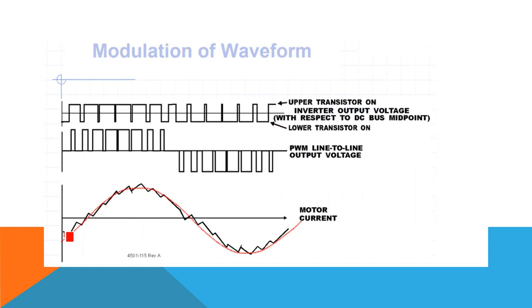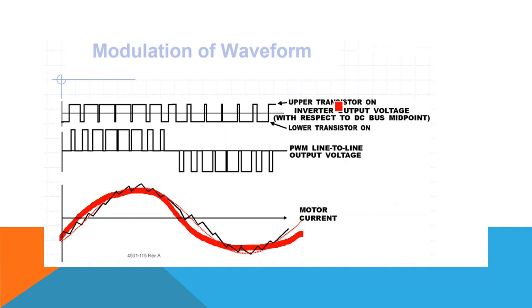And finally, the motor will not be getting a perfect sine wave, and there will be small disturbances. That is the actual load current fed to the motor. So from a VFD, the motor will be getting almost a good sine wave, and it is known as PWM AC.